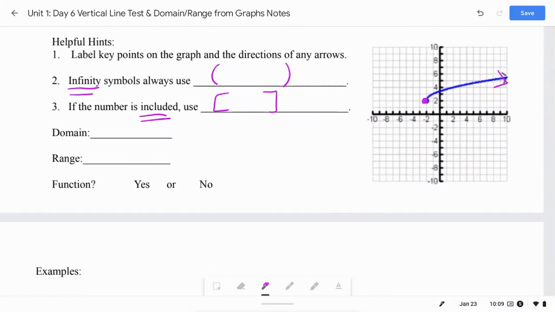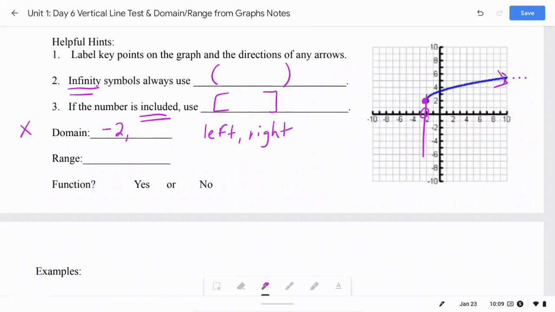So for this particular graph, think of the domain as how far to the left the graph goes and then how far to the right the graph goes, since the domain is the set of x values. How far to the left is it going? It's stopping here at -2. So it goes from -2, and then how far to the right?